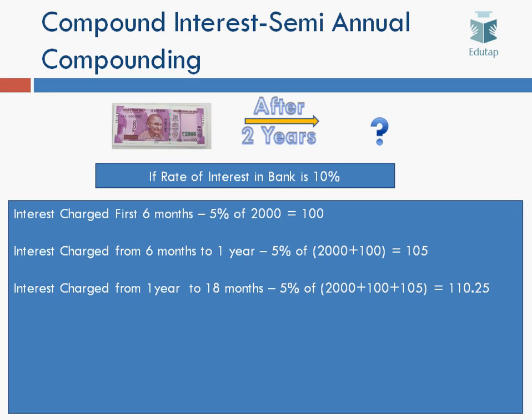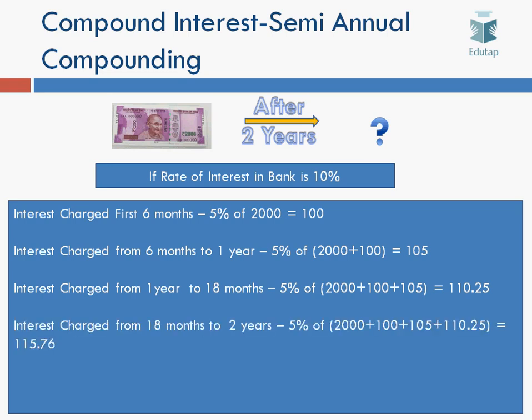110.25. Now we calculate the interest charge for the fourth period, that is from 18 months to 2 years, which would be 5% of 2000 the initial amount, 100 the interest charge in the first 6 months, 105 which is the interest charge from 6 months to 1 year, and then 110.25 which is the interest charge from 1 year to 18 months. So the value comes out to be 115.76.